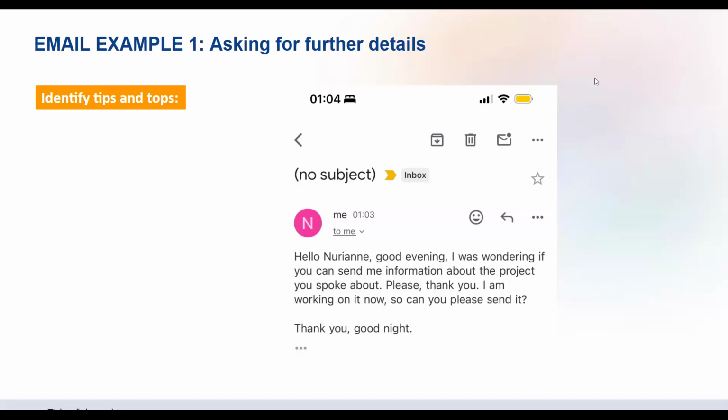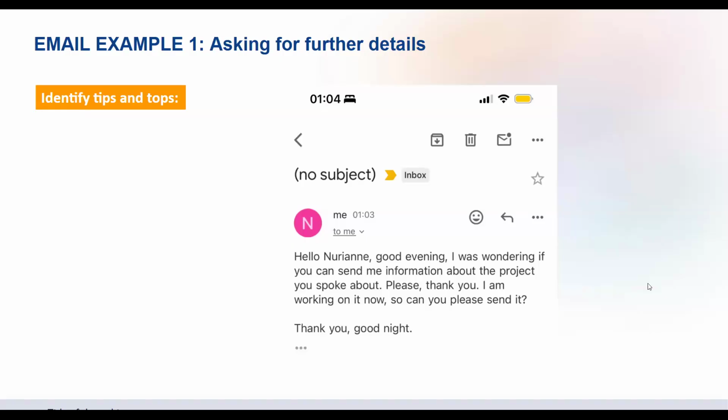The other thing is the purpose: looking at the subject line, there is no subject. Even within the email, the purpose is not clear. The writer said, "I was wondering if you can send me the information", but which information we don't know, about the project you spoke about. You might have spoken about a lot of projects, so you don't know which project the writer is talking about.